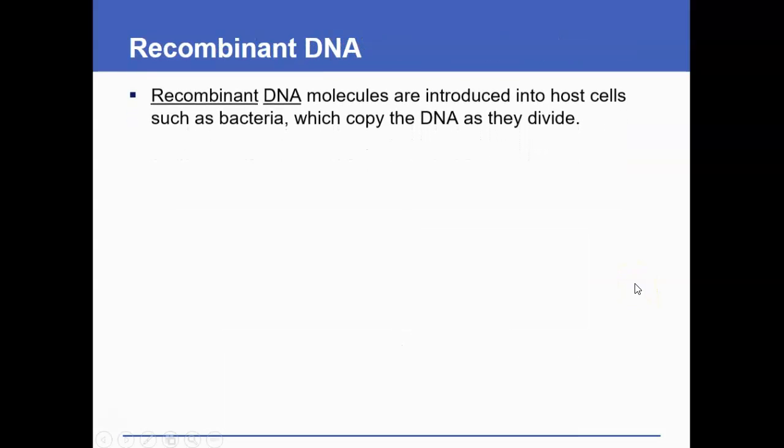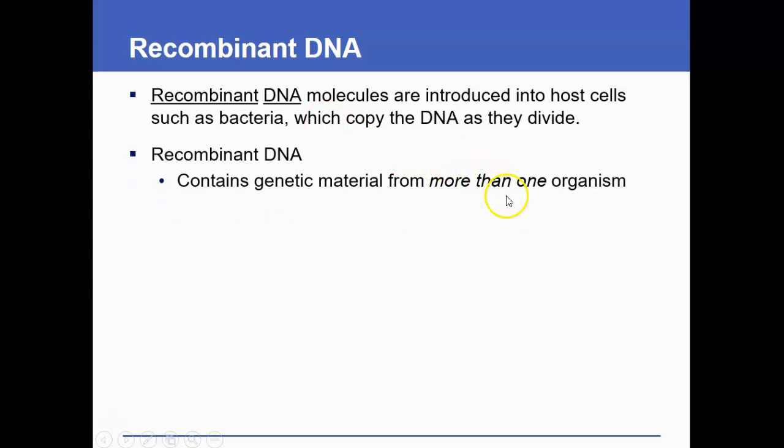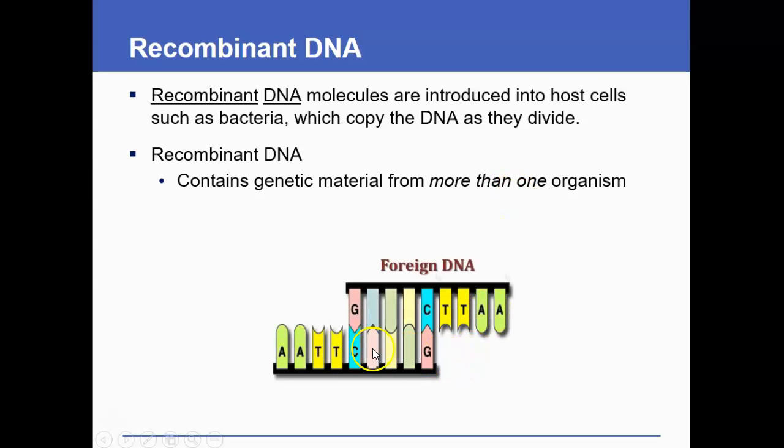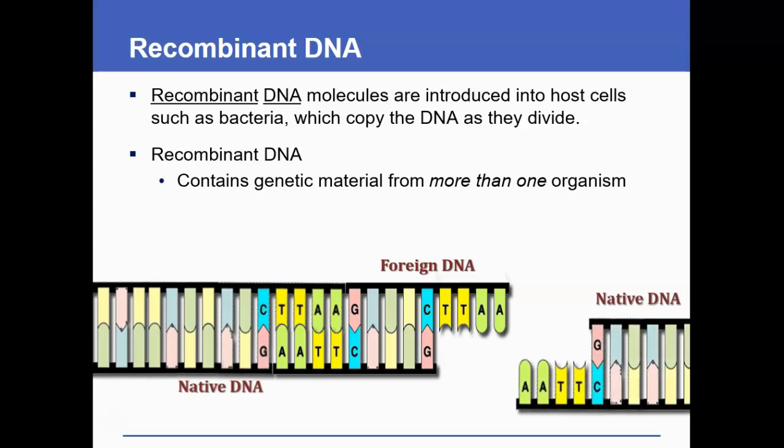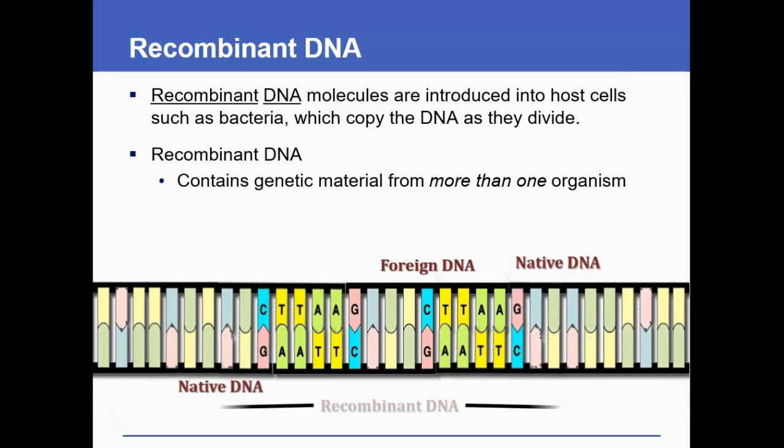So restriction enzymes allow us to make recombinant DNA molecules. Recombinant DNA molecules are just a combination of DNA from more than one organism, where you can use a restriction enzyme and cut, producing an overhang, and then combine different fragments of DNA together.